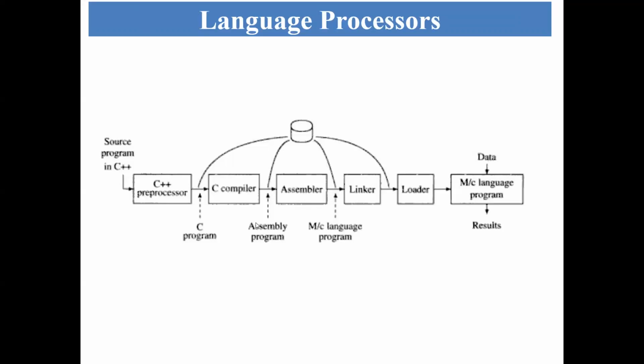The input to the assembler is an assembly language program and the output is machine code. Then the linker will link all these object files and form one executable file. The loader will load that executable file, and finally we get our machine language program. So this diagram beautifully explains the use of language processors in program development.